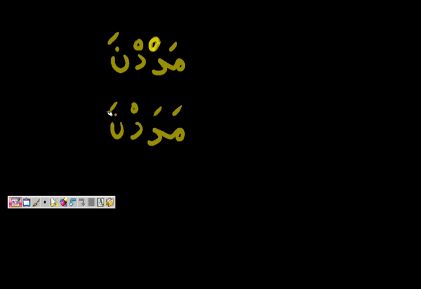وَأَنَّهُمْ ظَنُّوا كَمَا ظَنَنْتُمْ. So now we have two verbs, dhannu and dhanantum. What is the form for dhannu? Hum, they. Dhanantum is antum, all of you, masculine.